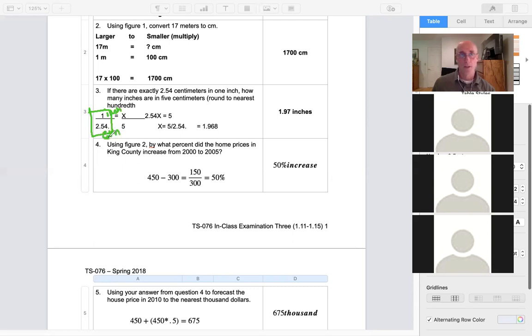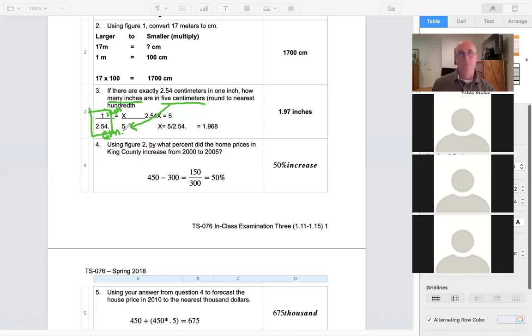Then it wants to know how many inches, that's my x, are in 5 centimeters. The 5 centimeters goes right down here. So what we've set up is a proportion: 1 inch to 2.54 centimeters is equivalent to how many inches to 5 centimeters.